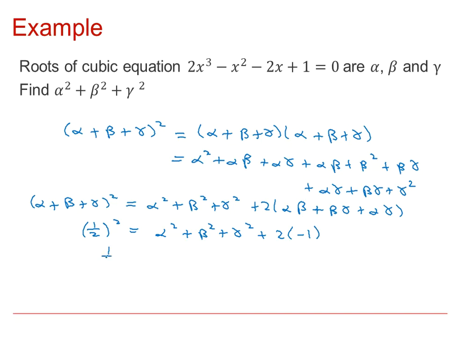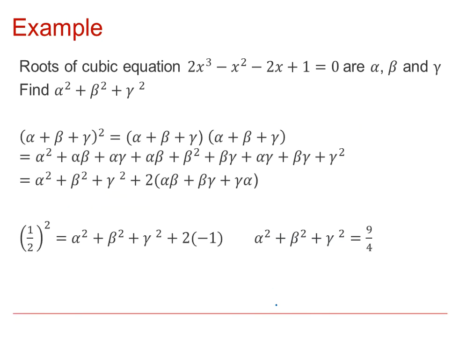So I now have a quarter equals alpha squared plus beta squared plus gamma squared minus 2, and therefore the sum of the squares will equal 9 quarters. As we can see there.